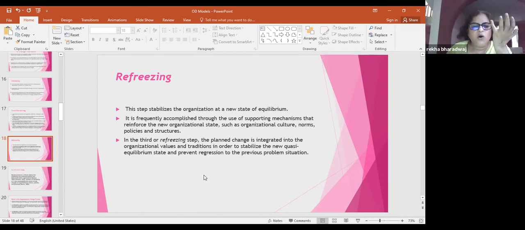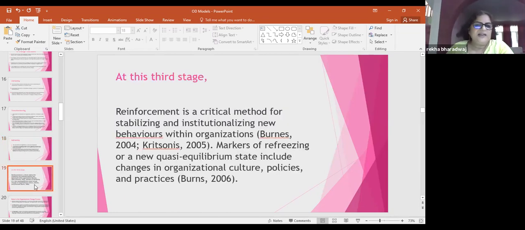In the third or refreezing step, the planned change is integrated into the organizational values and traditions to stabilize the new quasi equilibrium state and prevent regression to the previous problem situation. So these are the three stages.